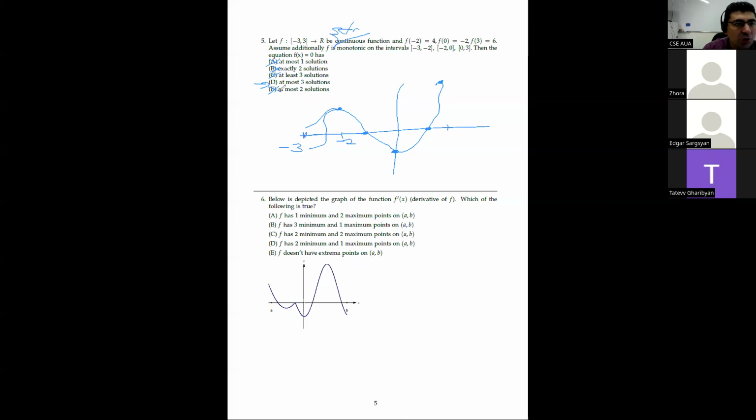Definitely we cannot say, for example, that it has at most two solutions, because from -3 to -2, our function can be decreasing, having another zero. So it might have three solutions. At least three solutions also might be wrong. Exactly two solutions, at most one. All this we can easily eliminate, and it remains at most three solutions.